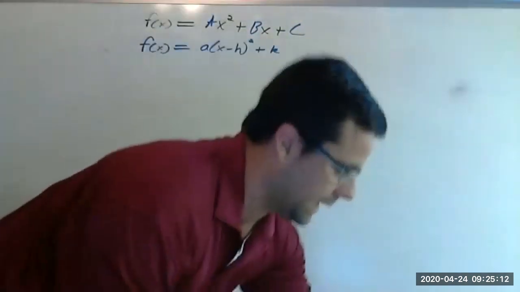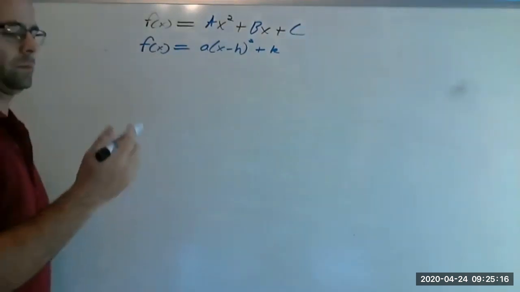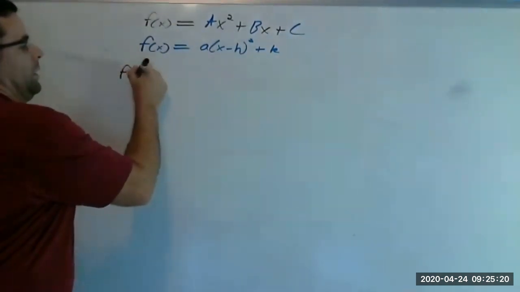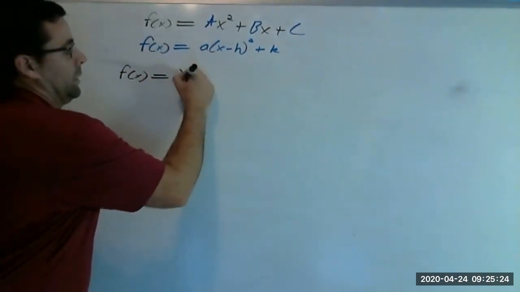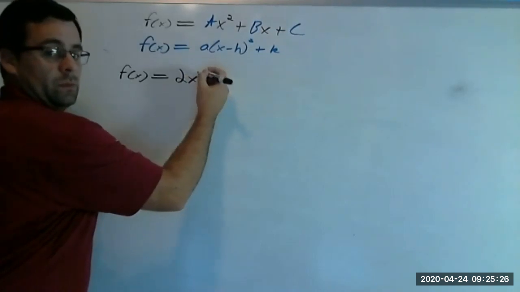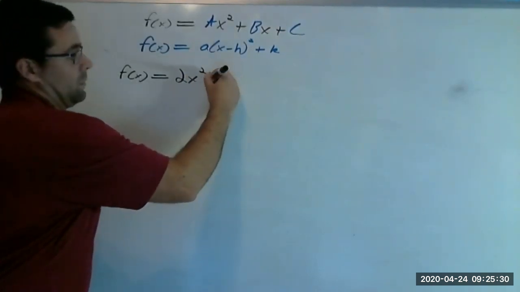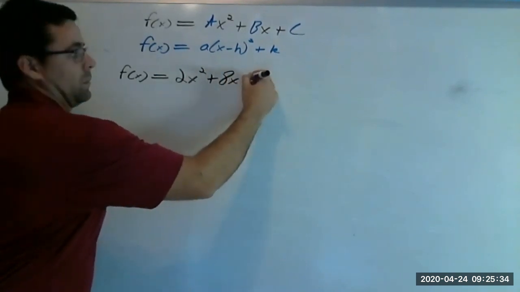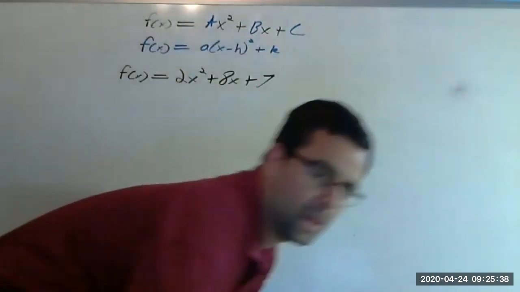So let's take an example. Say we have f of x equals 2 x squared plus 8x plus something.